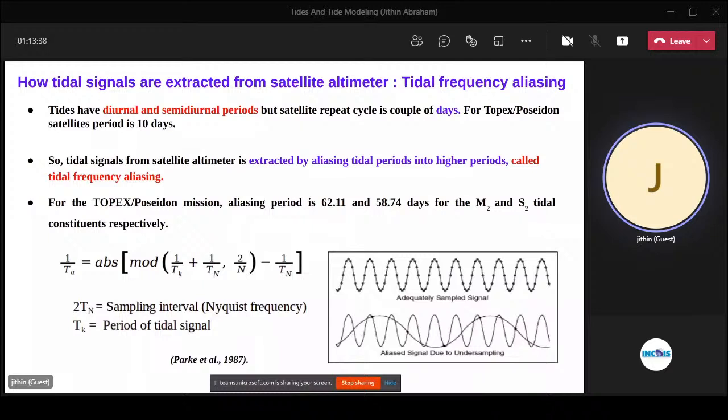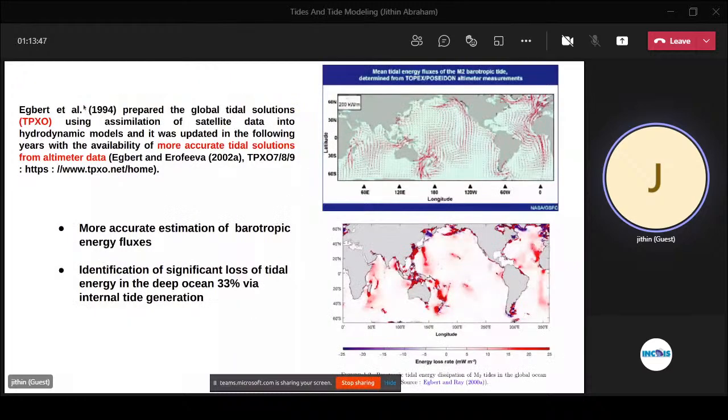So based on the satellite data, Egbert et al. in 1994 prepared the global tidal solutions known as TPXO, using assimilation of satellite data into hydrodynamic models, and it was updated in the following years. This was the most accurate tidal solution, because it uses assimilation of satellite data and all other data into the hydrodynamic model.